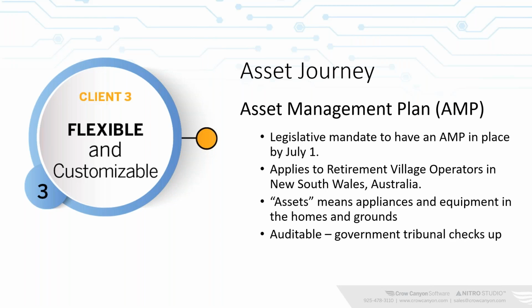So the thing with government regulation is that having a system in place is very important to survive an audit. They look at it and say, oh, they already have Crow Canyon's Asset Journey in place, and it's running this. I've seen it at other places, and I know that this works. Okay, let's just check A, B, C, and D and make sure they've got their ducks in a row.